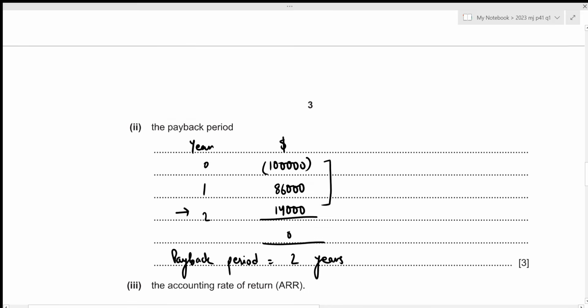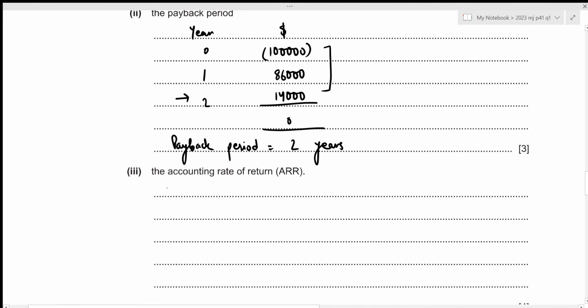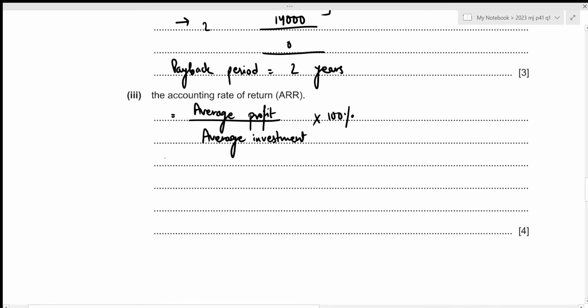All right. Now for the third one, we need to calculate the accounting rate of return. And remember that the formula for accounting rate of return is just our average profit divided by average investment into 100%. Now let us figure out our average profit.